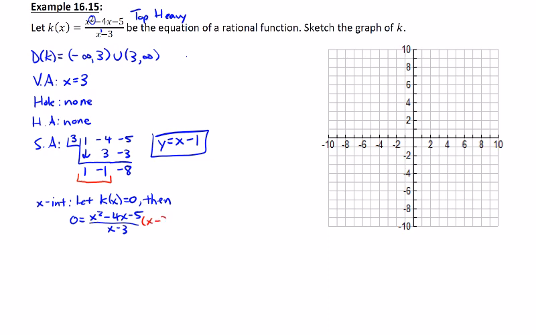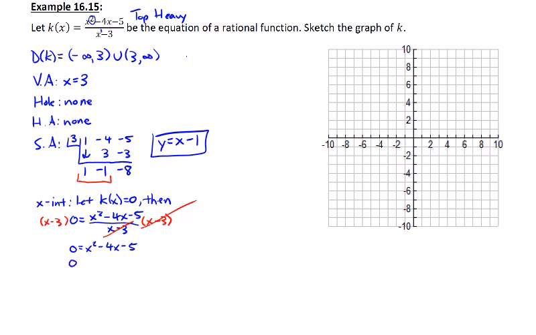And we will multiply both sides by x minus 3, resulting in 0 equals x squared minus 4x minus 5. So if you've kept up with things throughout the semester, you have solved a quadratic equation like this at least a dozen times, if not more.